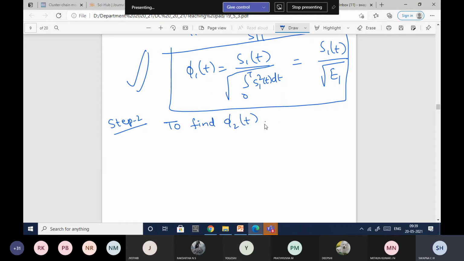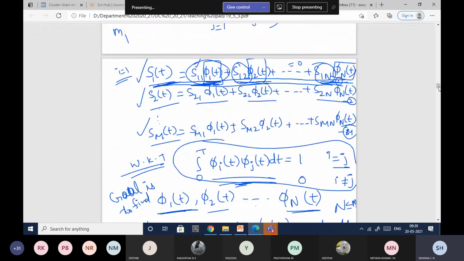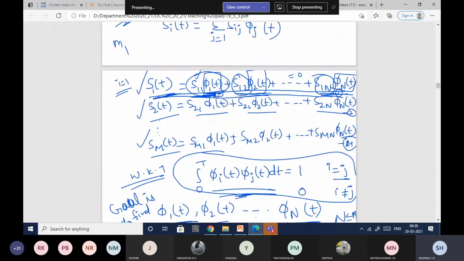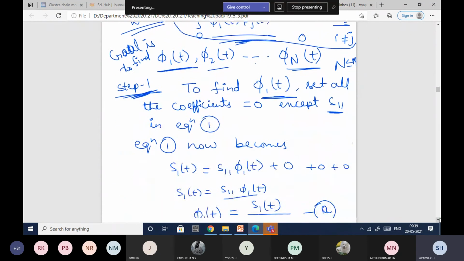To find phi 2 of t, I'll consider the second equation. To find phi 1 of t, I considered the first equation. To find phi 2 of t, consider the second equation. So in the second equation, these are the coefficients S21, S22.